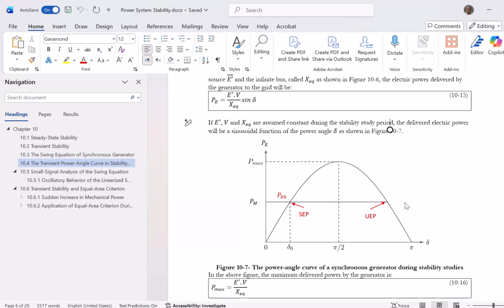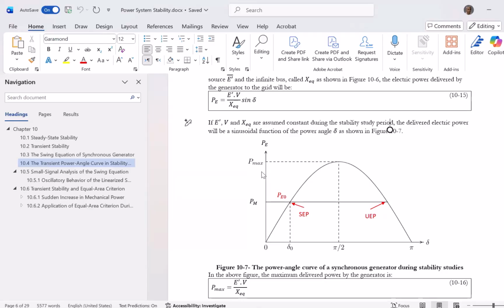But my PM will remain constant. So as long as I'm keeping PM constant and there's a disturbance in the system, I always need to be somewhere on this curve on the electric side in terms of my delta. Whatever delta I am in will determine how much power the electric system is receiving, depending on what point on this curve I am. It has a certain delta and a certain PE. This is what this means, okay?